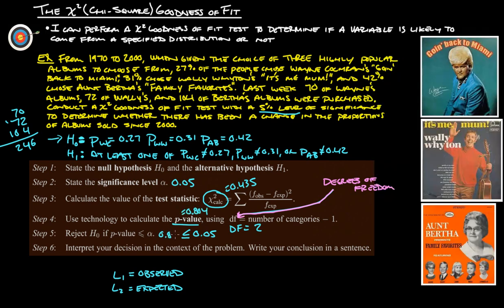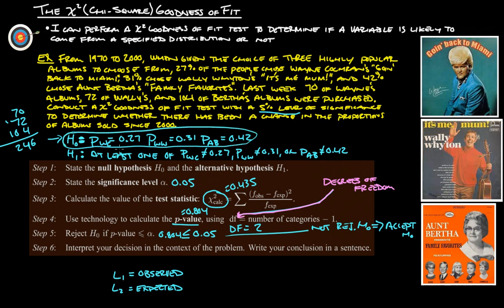So we put 0.804 in here. It says reject H0 if the p-value, 0.804, is less than 0.05. That is not, so we are going to not reject H0, which means that we accept H0. This means that this is relatively close and true to what the percentages are, within a reasonable range.